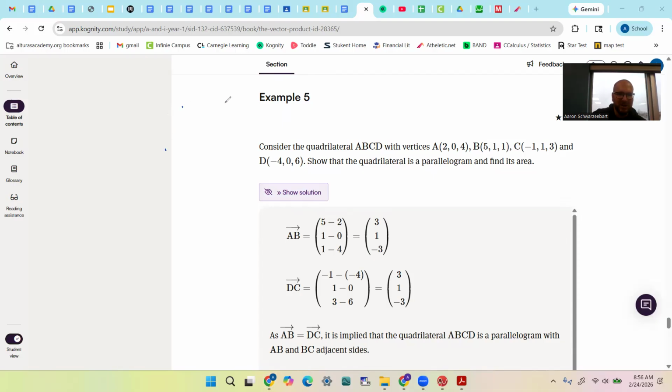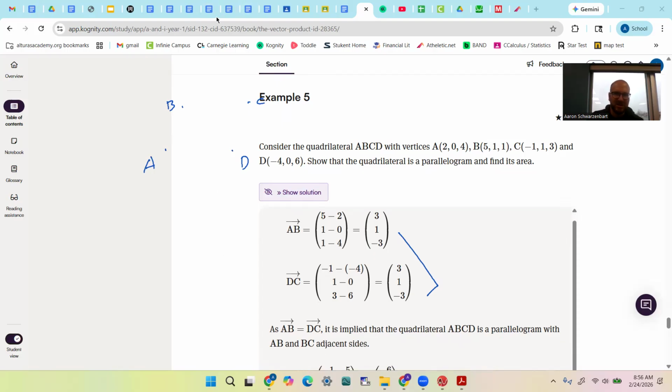So if I'm looking at A, B, C, D, and if I want them to be a parallelogram, AB should be the same vector as CD. That would show those are parallel, which when we found the vectors, they're equivalent. So those two sides are parallel. We would need to show that.